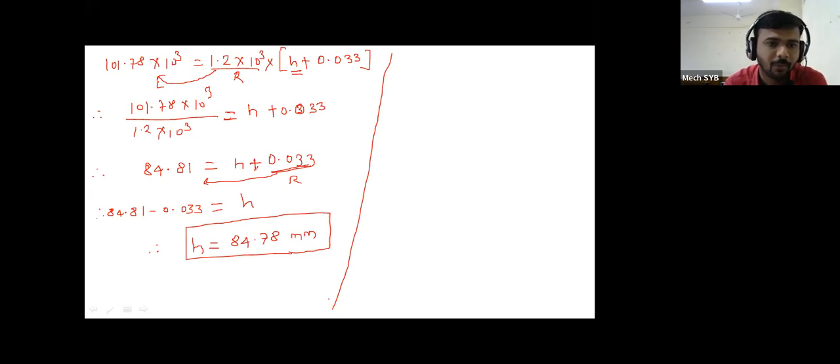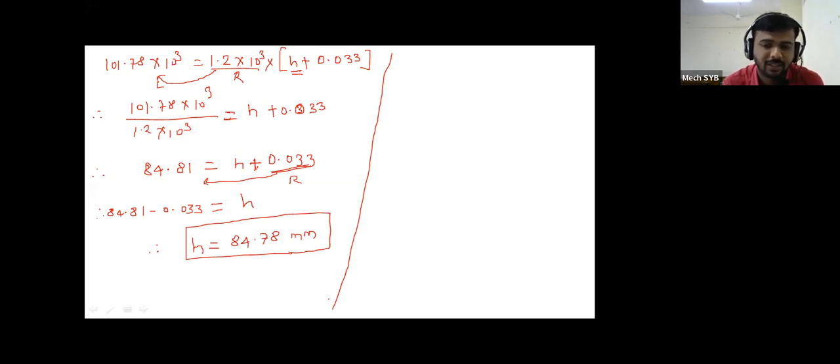No problem. Why is this variation there? Because of the digits you are considering for the calculation. So don't worry about that. But it should not be 85 or 83. Little bit variation will be accepted. 0.77, 0.78, or 0.79, this much variation is accepted, no problem. But it should not be more than that, like 85, 86, or 82, 83.